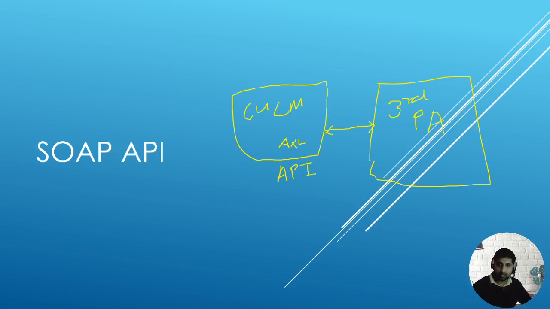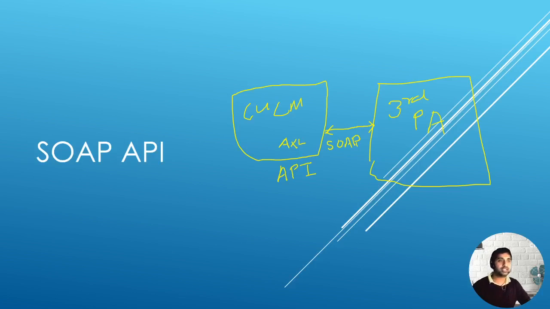They make use of something called SOAP. They use SOAP-based web services, and using these SOAP-based web services, they can communicate with CUCM and do the provisioning. So what is SOAP?